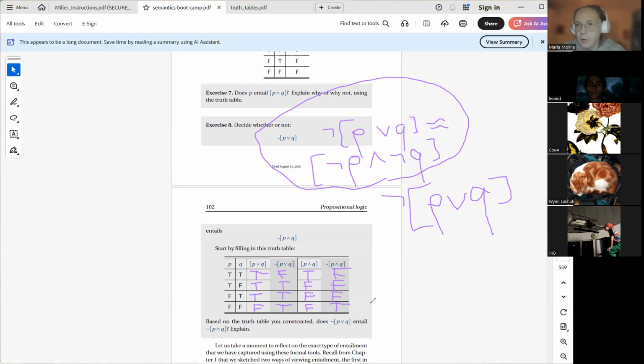Probably not. Now, Lena, can you form a sentence if P is it is raining, Q is it is windy, and we get negation of P and Q? And everyone, think of a sentence.